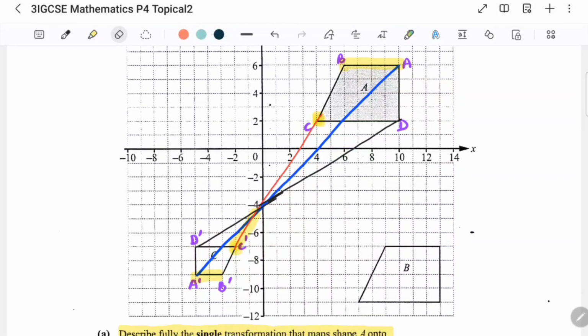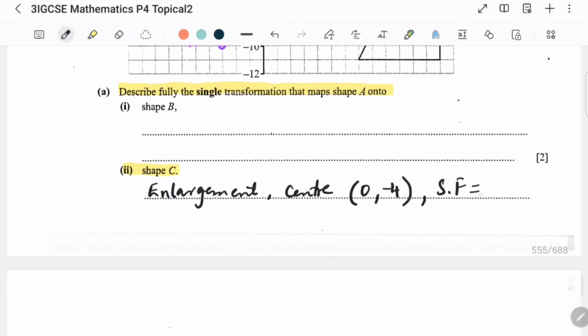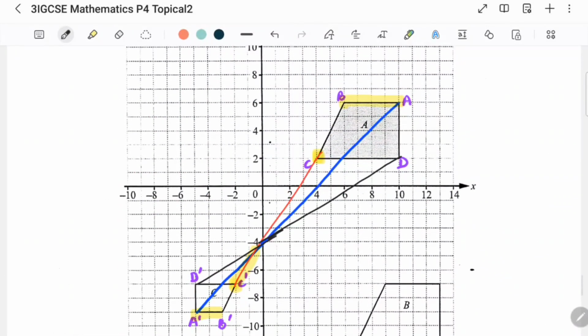So that is 2 upon 4, which equals half, but you will be writing down minus half, because your center of enlargement is in the middle of the two diagrams, which is the image and the object. If it is at the corner, the scale factor is positive. Otherwise, if the center of enlargement is in the middle, then the scale factor is negative.